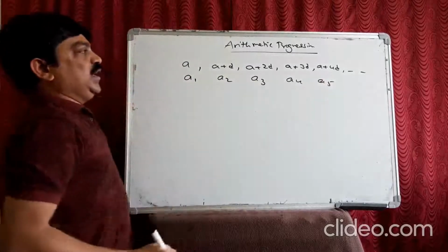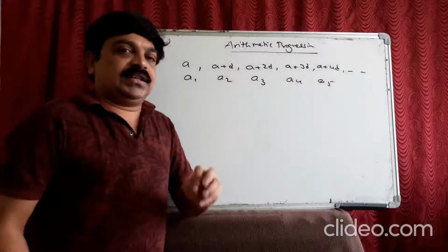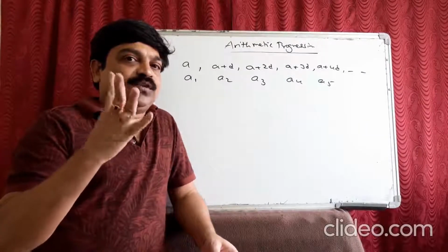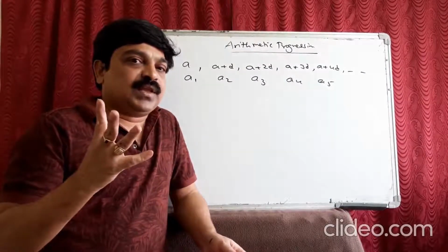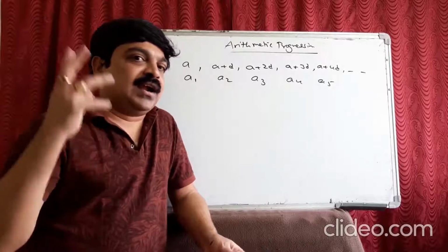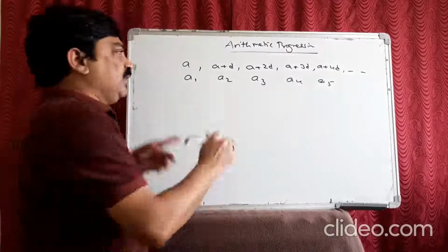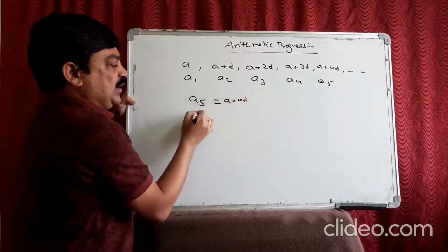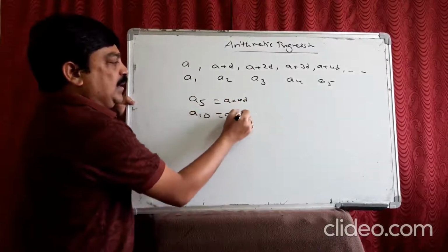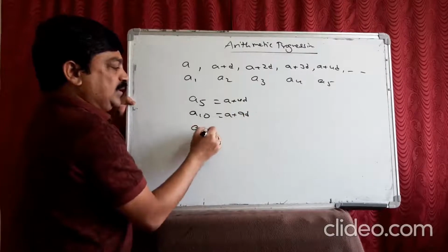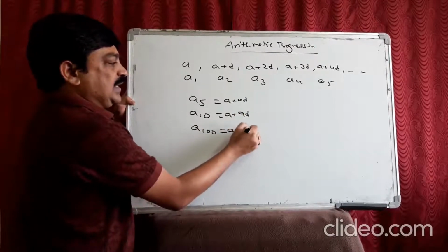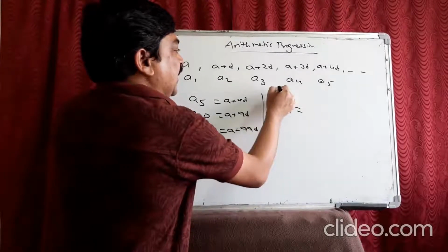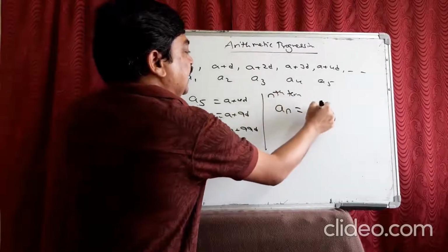So the 10th term will be a plus 9d, the 100th term will be a plus 99d.